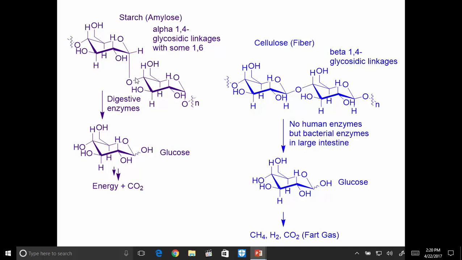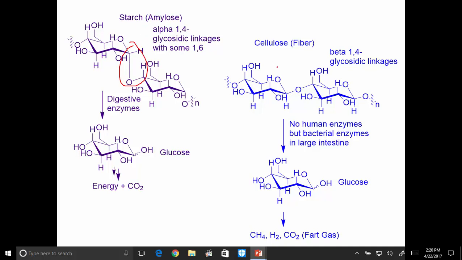Digestive enzymes readily process these alpha glycosidic linkages, like you see here, and turn the polysaccharide very readily into the monosaccharide glucose, which you probably appreciate is very digestible, eventually metabolizing to carbon dioxide and producing energy. So this is one of the major ways humans produce energy from their food, by the metabolism of glucose.